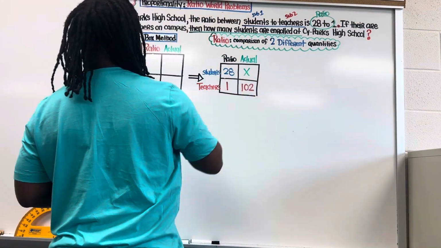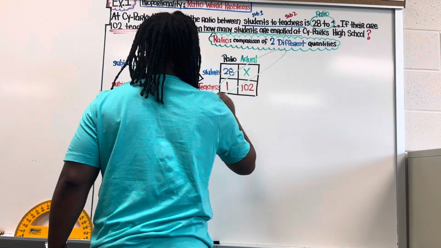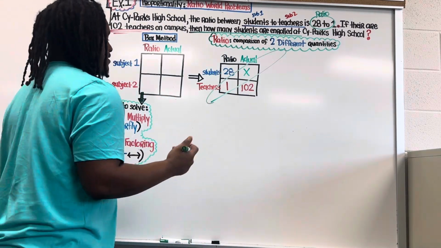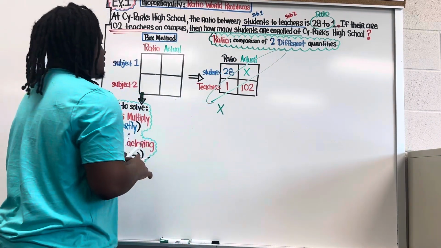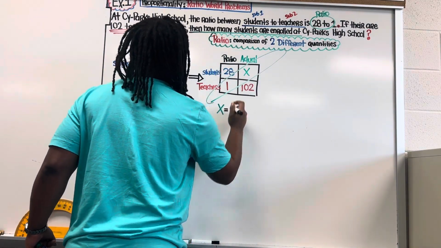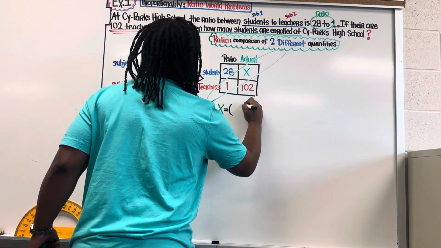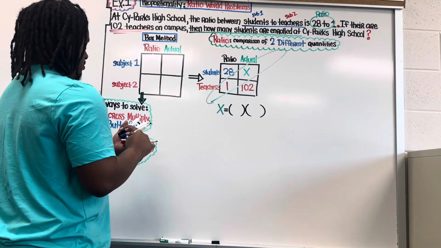So always start off with X, and you're gonna multiply the value that's diagonal to X with X, right? So 1 times X is just 1X, or you can just put X. Times, and we're gonna multiply the other side of the equal sign, right?